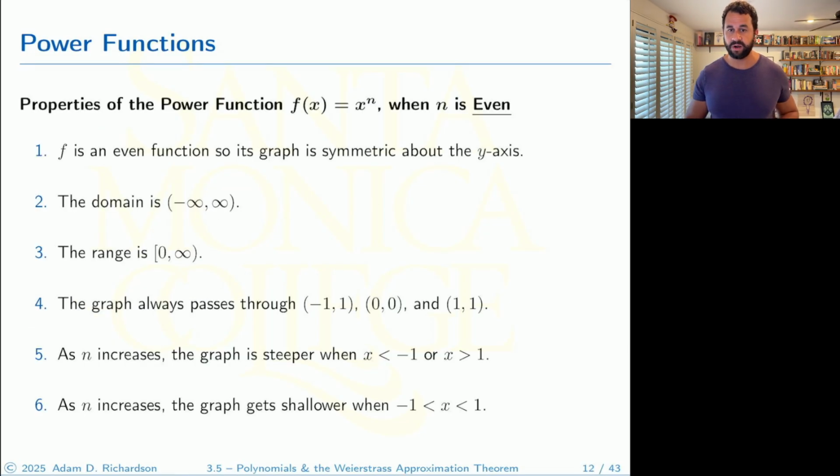Okay, let's look at some properties of power functions. I mentioned some of this already. When the power is even, then f is an even function, so it's symmetric about the y-axis. The domain is -infinity to infinity, with no problem for any numbers here. When the power is even, the range is 0 to infinity. Let me go back to this so you can see.